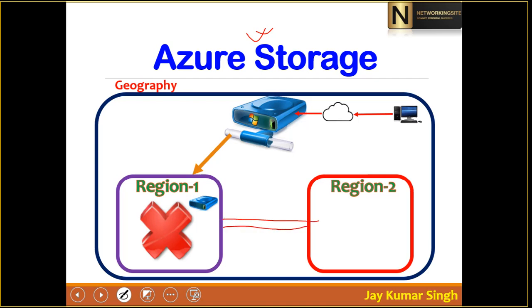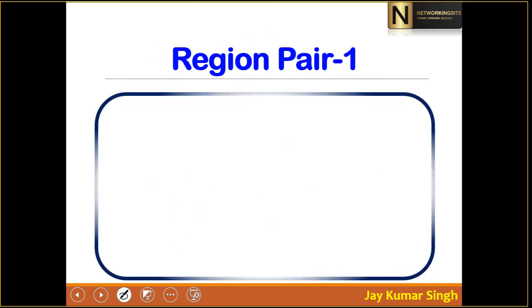See, this is the default structure. Whenever you create some Azure storage or any Azure resources, you will create it in region 1. Inside region 1, data center 1. Inside data center 1, physical server 1. And if this is down, and you haven't selected region 2, there will be no access. So if you have the option to select region 2, see in the second scenario how it works.